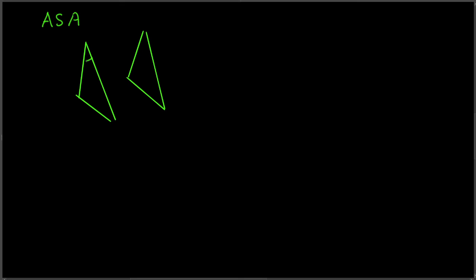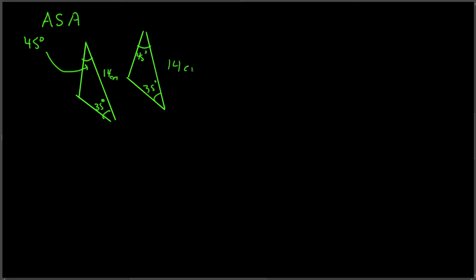If this angle, which we're going to measure, is 45 degrees, and this angle here is 35 degrees, and this side is 14 centimeters, then I can say this triangle is congruent if I have the same relationship.